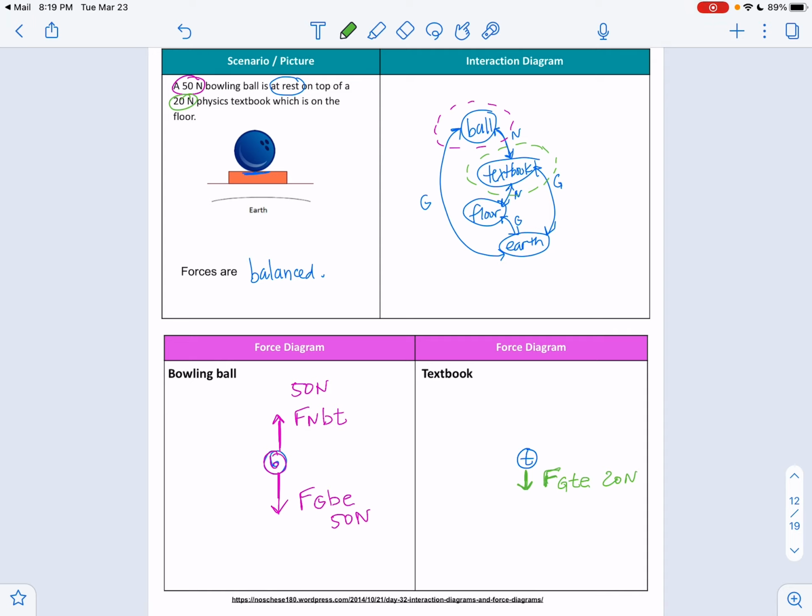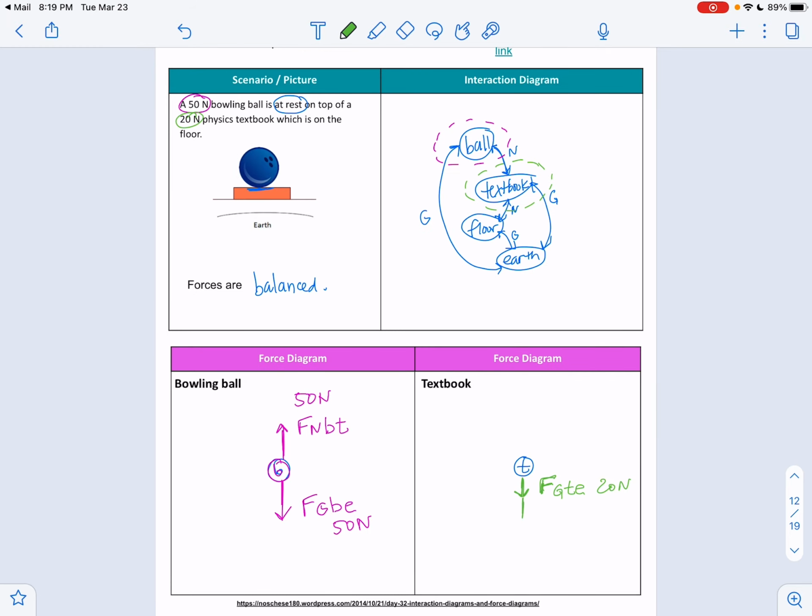Then I also have the textbook and the bowling ball. Which way is the bowling ball pushing on the textbook? How does the textbook feel it? The textbook is on the bottom, so it's going to feel like it's being pressed downward. So there's going to be an arrow pointing downward because the ball is pushing down on the textbook.